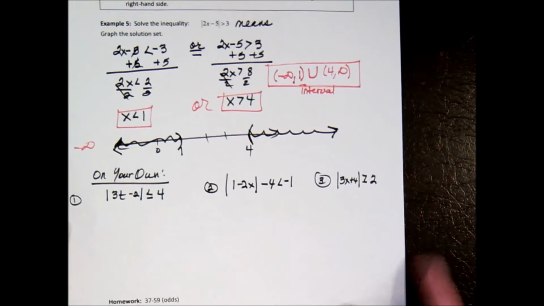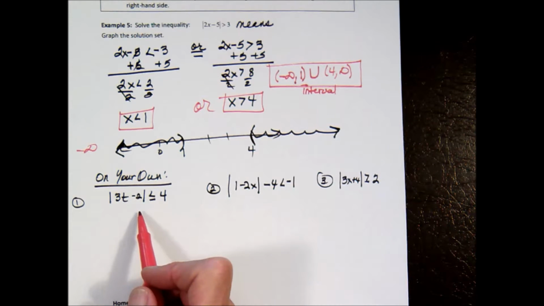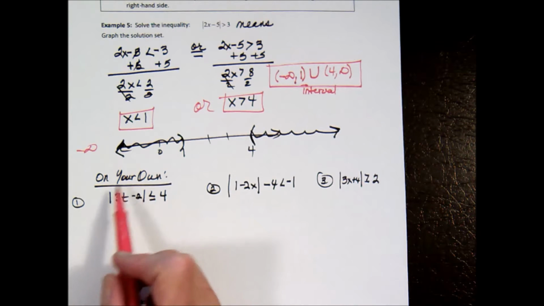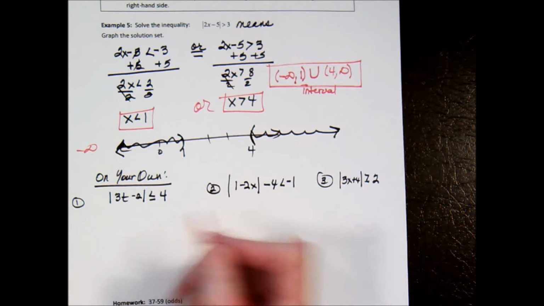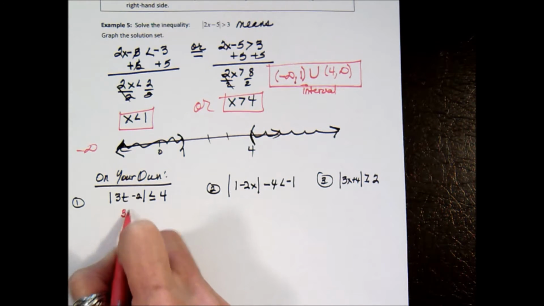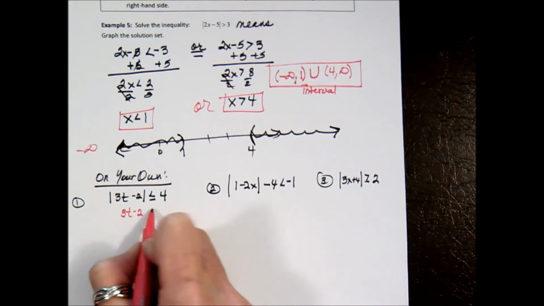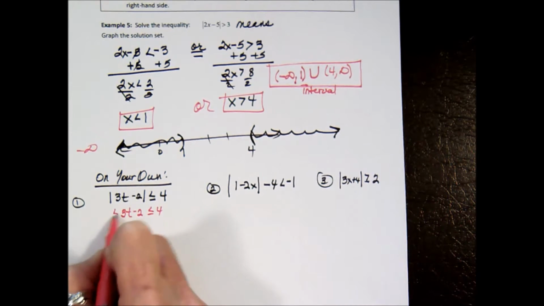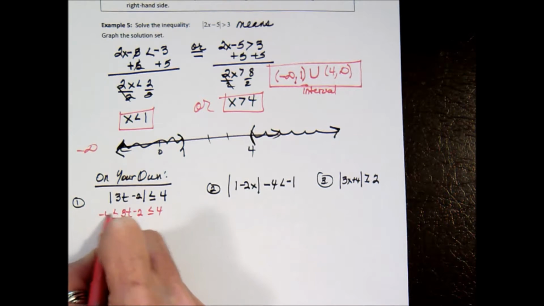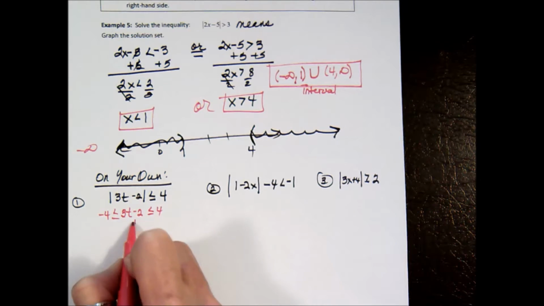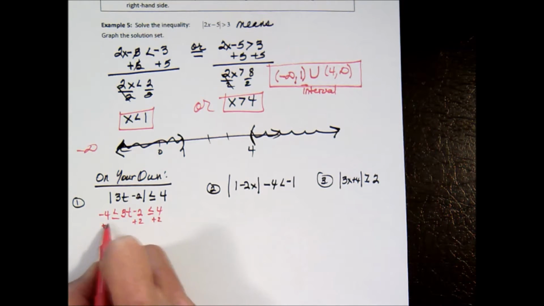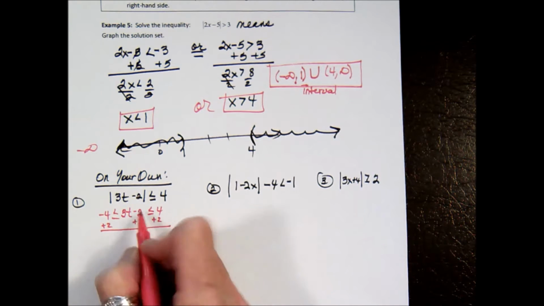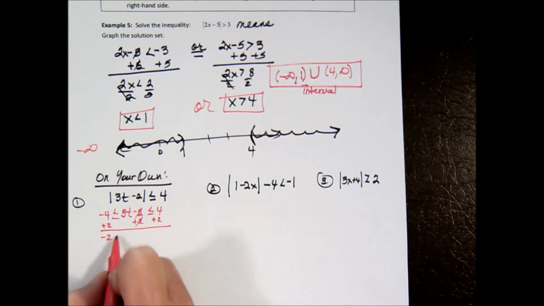So let's work these 3. Remember, the first one is a type 1. My absolute value is isolated, so I'm going to take the absolute value bars away, take what's in between. I'm going to put it between what's here and the negative of that. And then I'm going to solve the compound inequality by adding a 2.